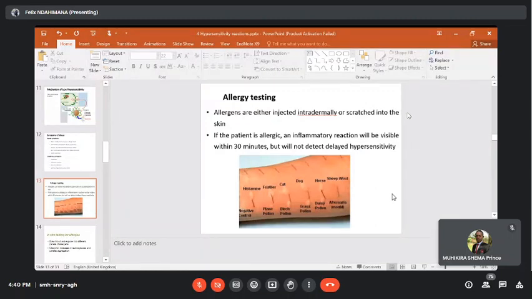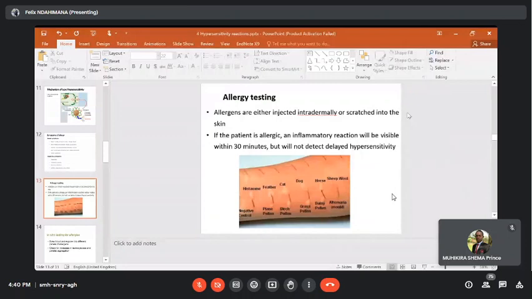What they do, though not in many cases, is scratch the skin of that patient and insert the allergens there. If there is an immediate reaction, that means the patient is allergic to that.